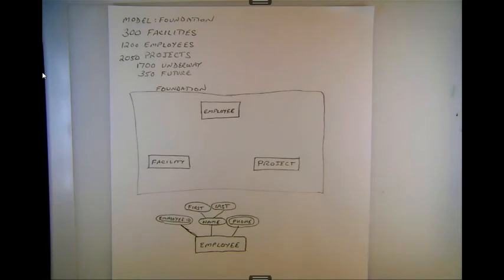Then take employee and look at every other entity that is out there and say, one by one, is there a relationship with that entity? There either is or there isn't, or there could be multiple. If there is, you draw it, and if there isn't, you move to the next one, and you go all the way through.